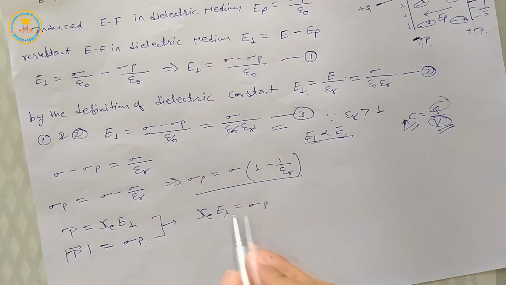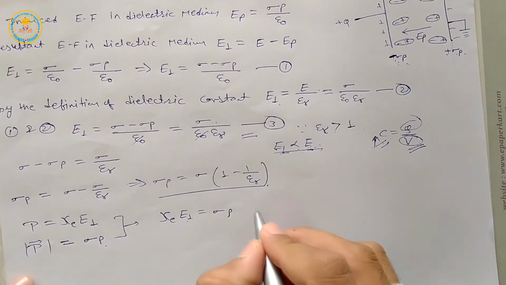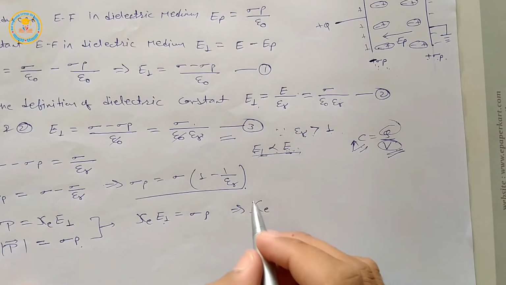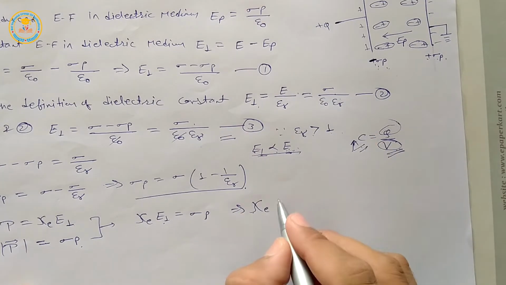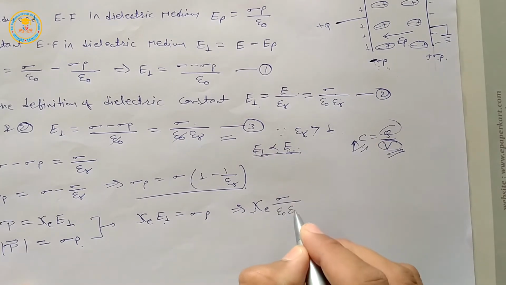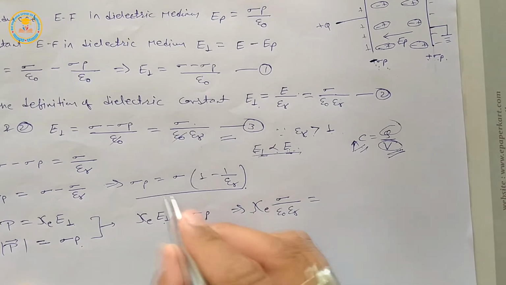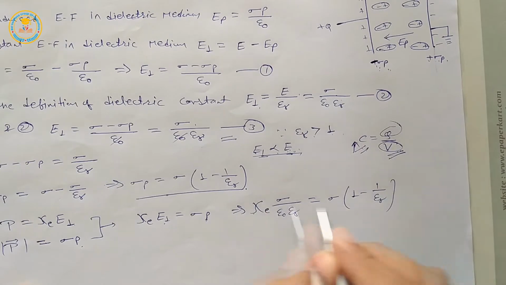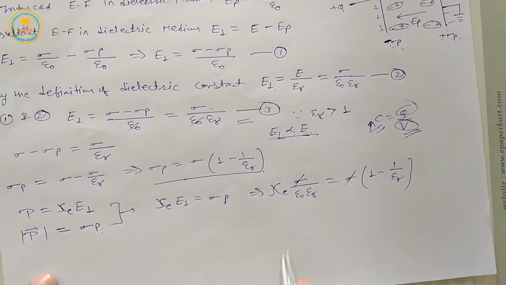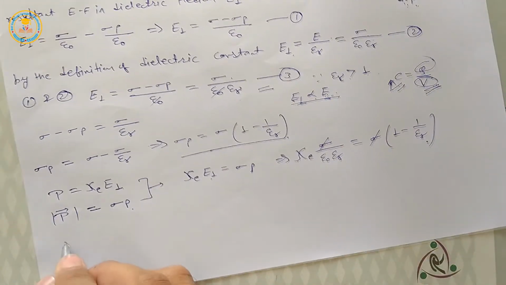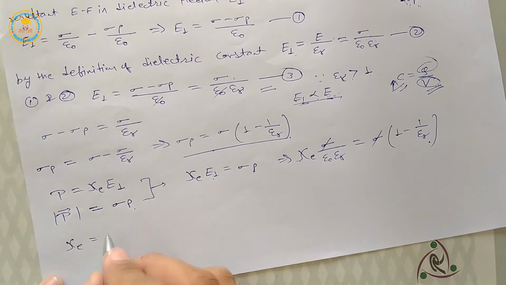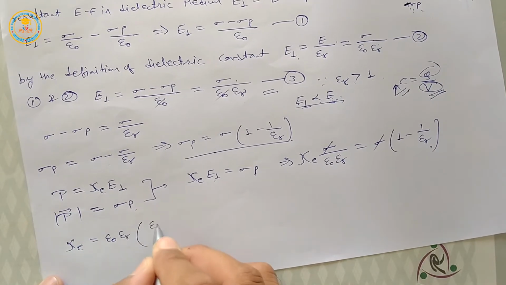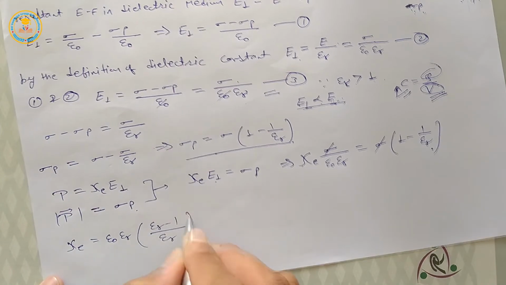From these equations we can write chi e E1 is equal to sigma p. Put the value of E1 and sigma p, then we get chi e times sigma upon epsilon naught epsilon r is equal to sigma times 1 minus 1 upon epsilon r. Sigma cancels out, and we take the LCM, then chi e is equal to epsilon naught times epsilon r minus 1 upon epsilon r.